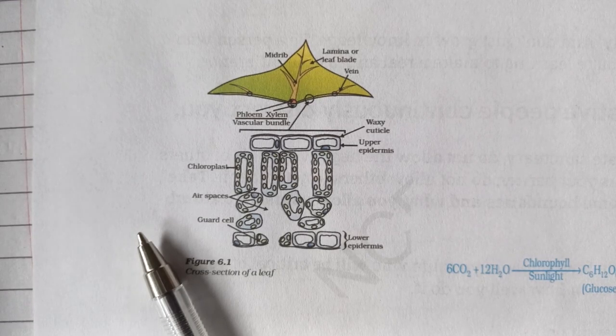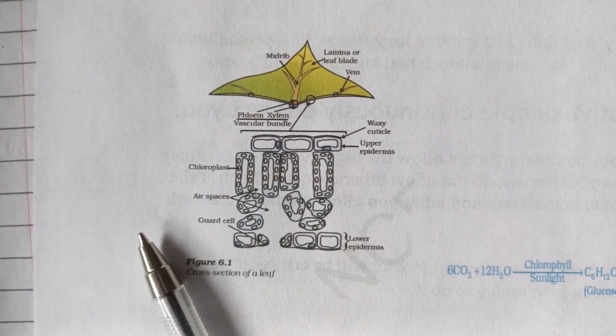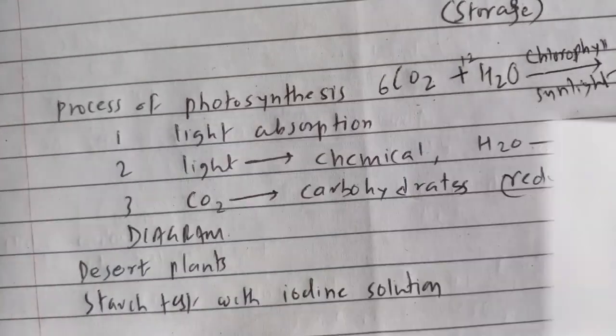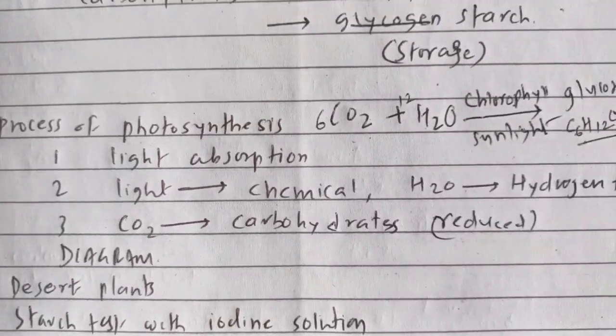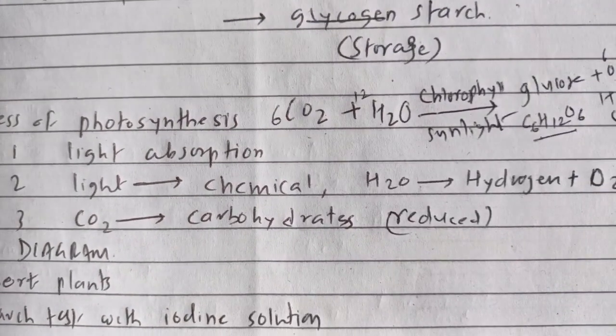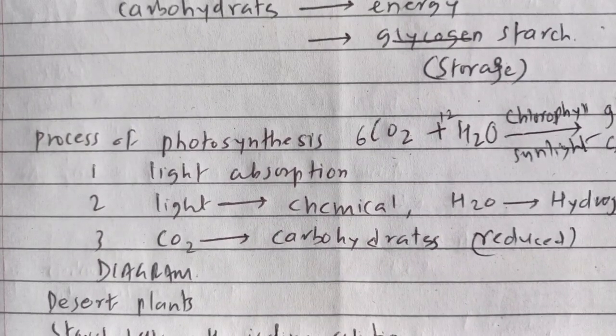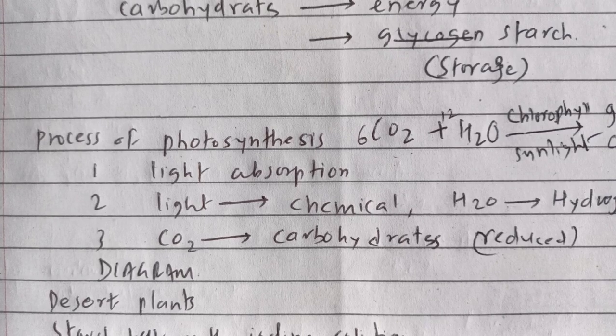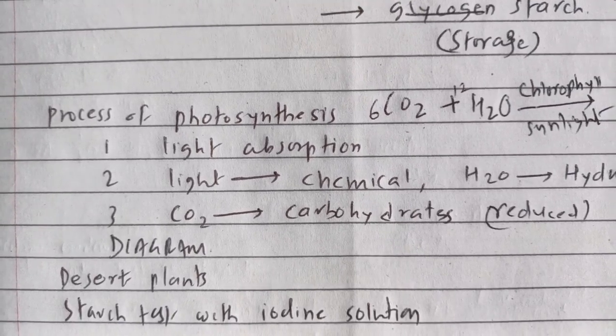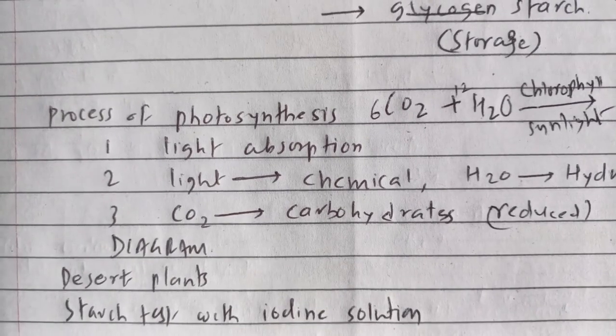So now the 3 steps I mentioned, the 3 steps of photosynthesis, that is light absorption, then light conversion into chemical energy, and water breakdown into hydrogen and oxygen, and reduction of carbon dioxide. These may not take place one after the other immediately.